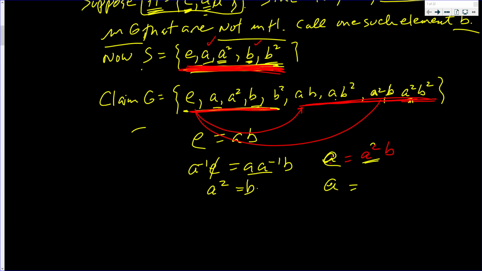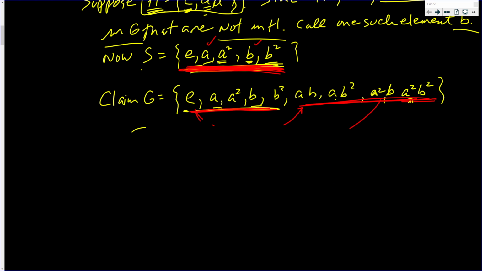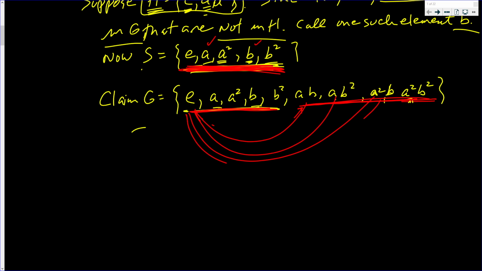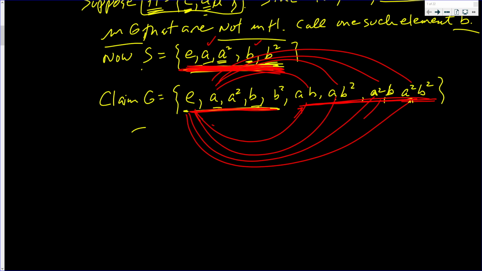I multiply this by A, that gives me A cubed, which is E times B. Gives me A equals B. And if you went through all of these, that is, if you check that E can't be AB, and E can't be this, and E can't be that, and A can't be AB, and A can't be AB squared, etc. And then you show that A squared can't be AB, and A squared can't be that or that.